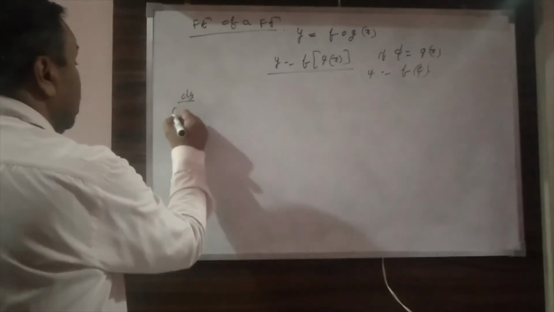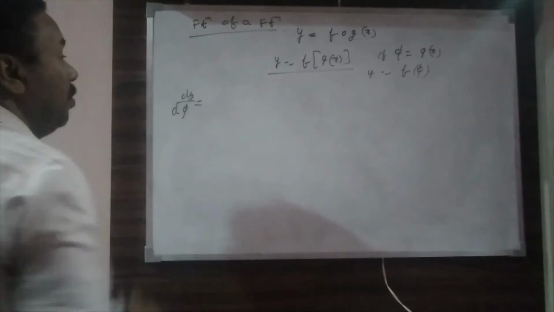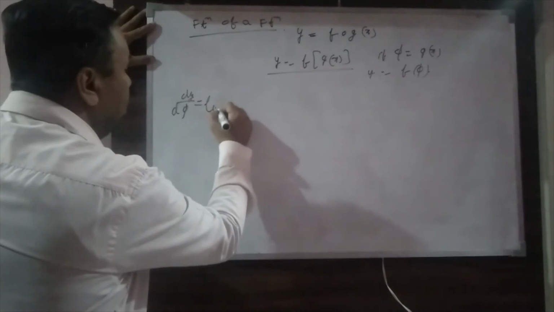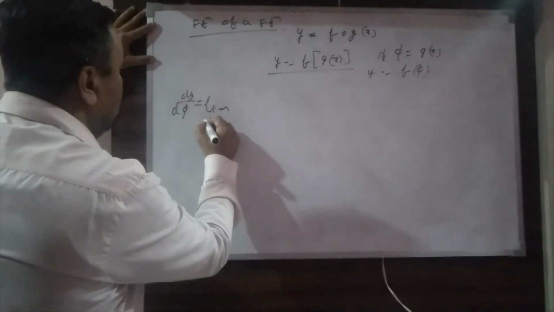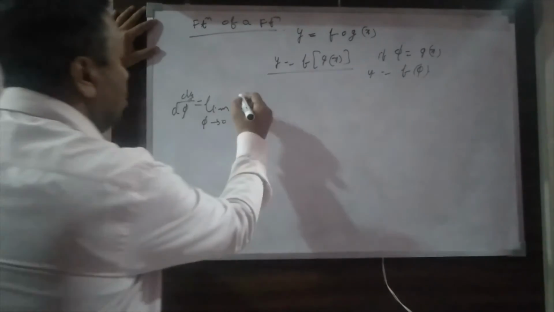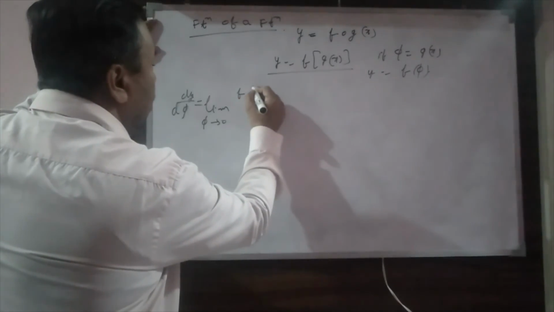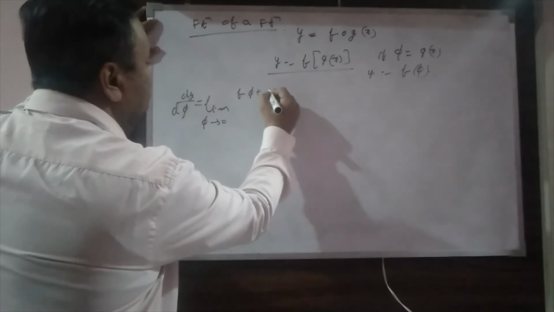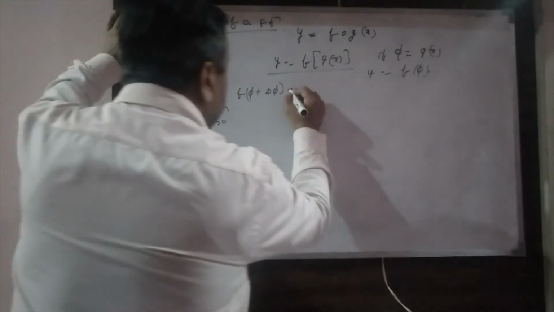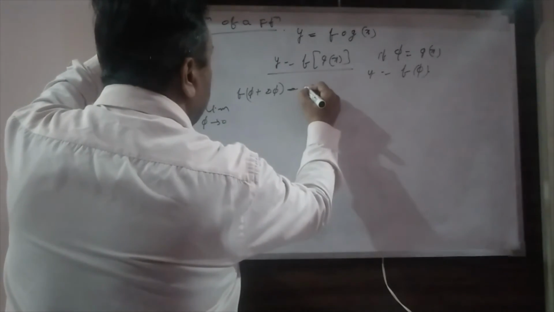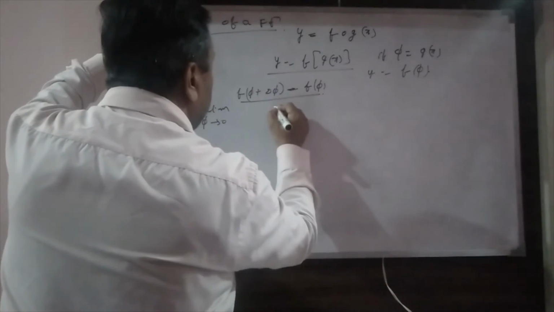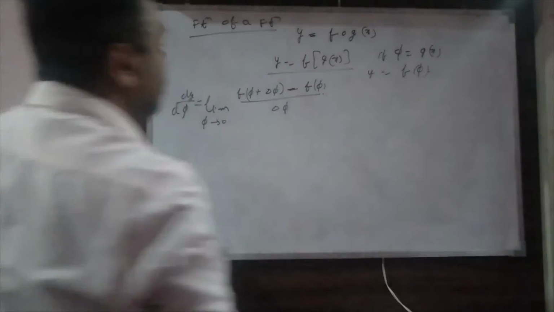So what is this? Limit delta phi tending towards 0, f of phi plus delta phi minus f of phi divided by delta phi.